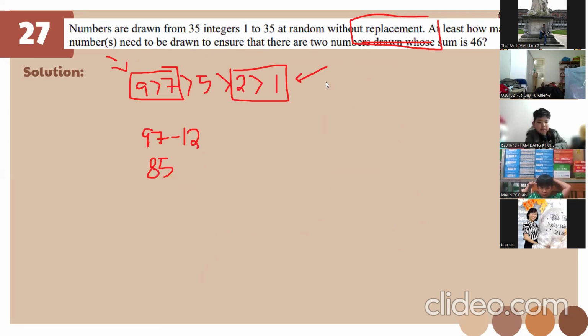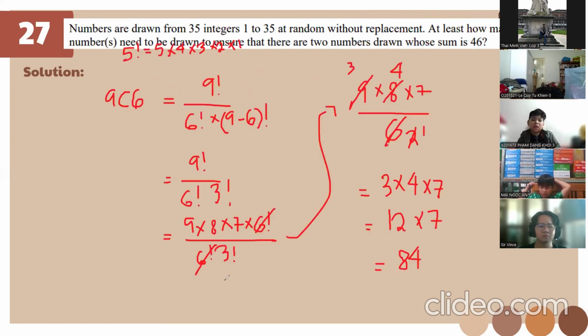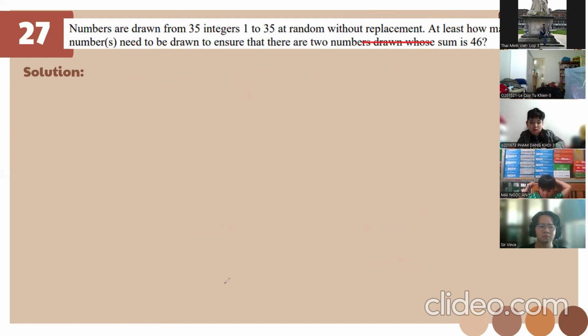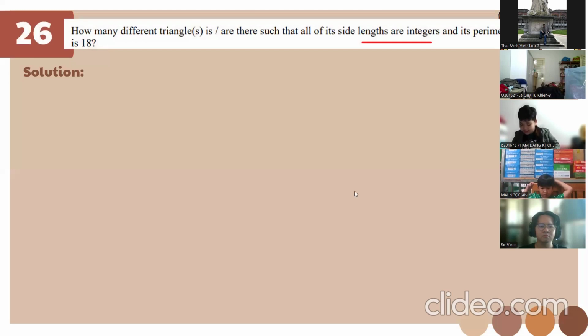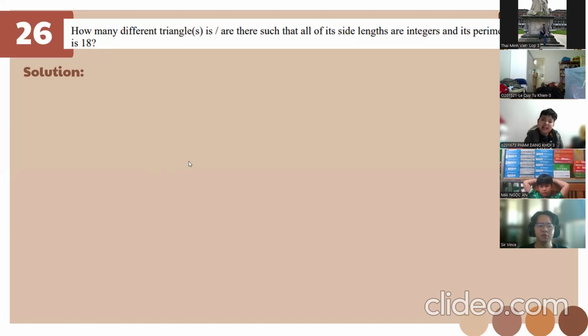Yes, you have a question? Okay, I'll write the solution again. For this one, the perimeter of a triangle is equal to side plus side plus side. So we need to have the sum equal to 18.